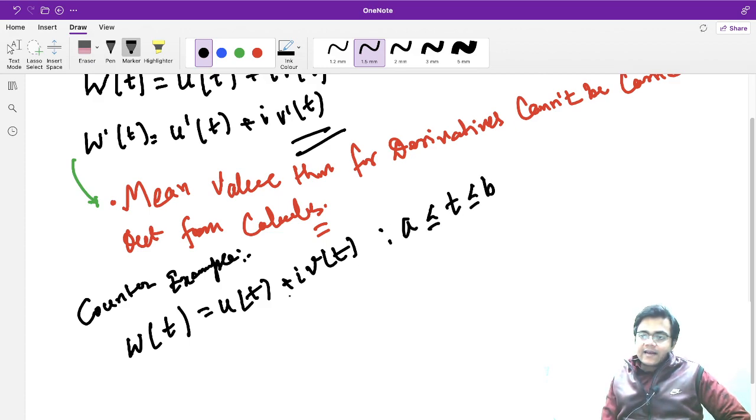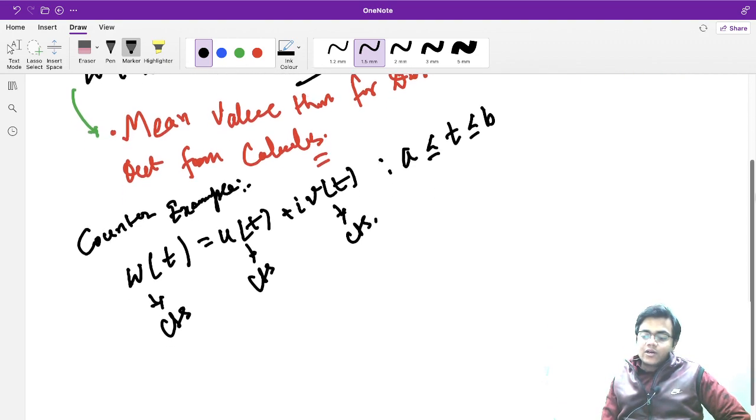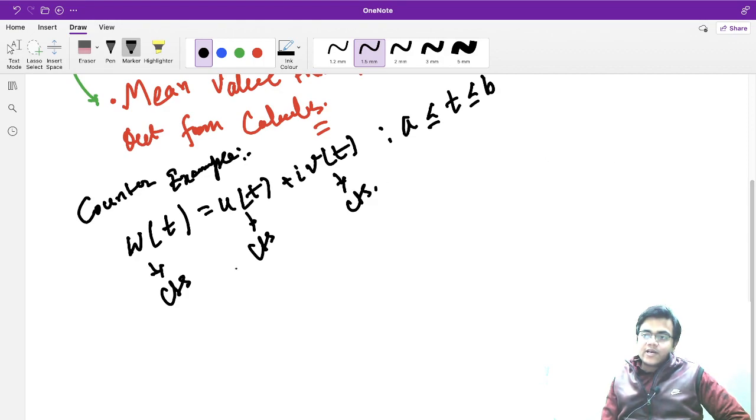All right, and let's take your w is continuous, and if your w is continuous, then certainly u of t will be continuous, v of t will be continuous for sure. Okay, so yes, in between a to b, your function w of t is continuous. And also let's take w dash t.